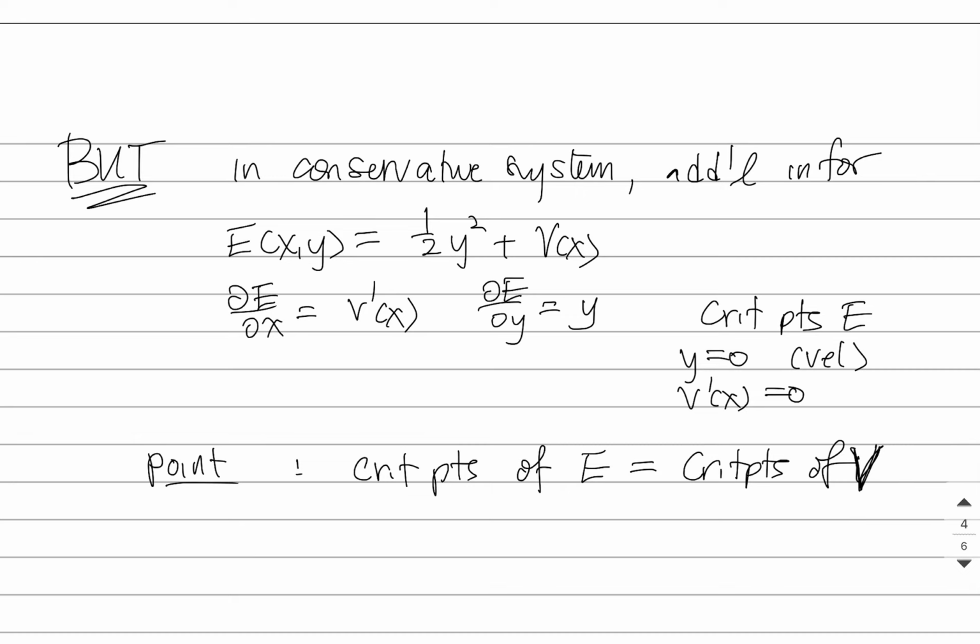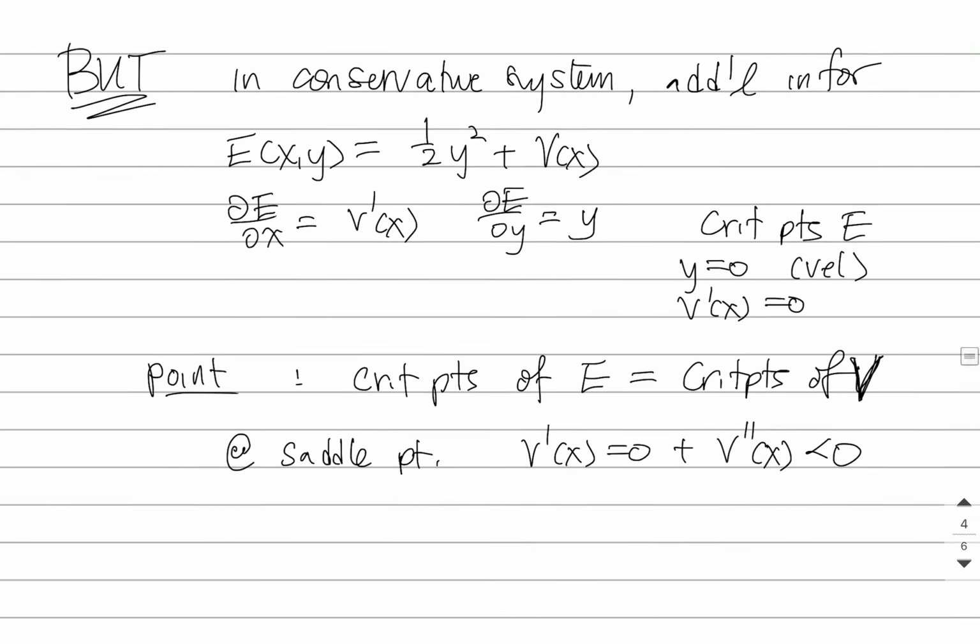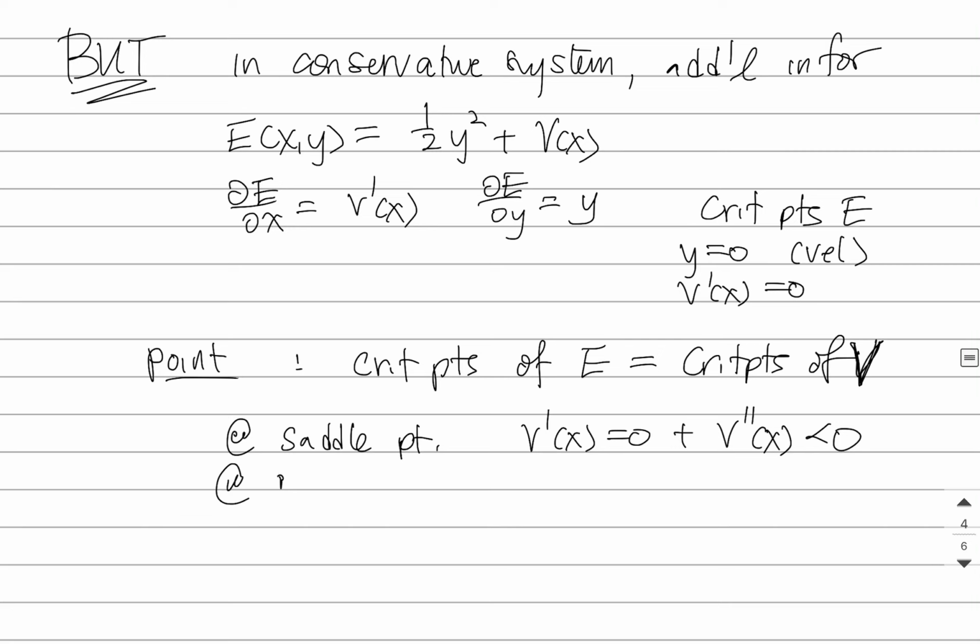At the saddle point, remember here that at the saddle point and at any equilibrium point, we've got v prime of x is 0, and we've got v double prime of x is negative. And at the center, we've got v prime of x has to be 0 and v double prime of x has to be positive.